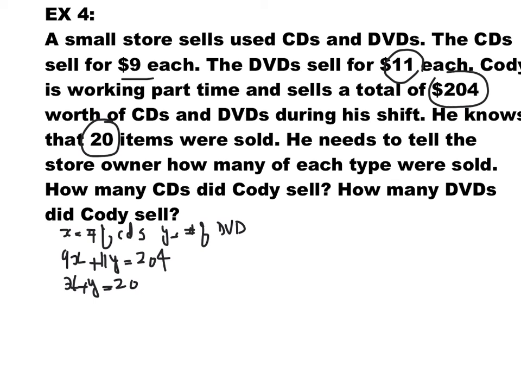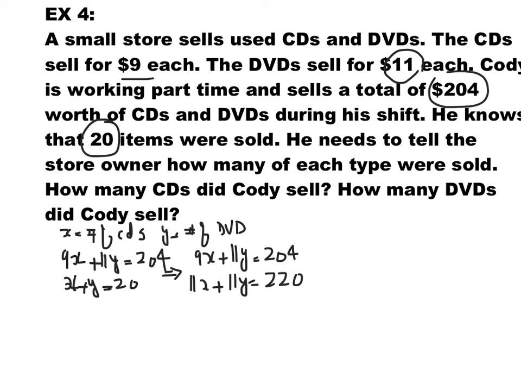To solve this one, look at the second equation. If I try to eliminate Y, I need to multiply the second equation by 11. So if I do that, the first equation is unchanged. But the second equation, if I multiply everything by 11, I get 11X plus 11Y is equal to 20 times 11, which is 220.